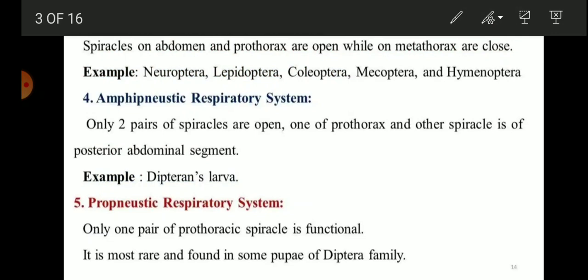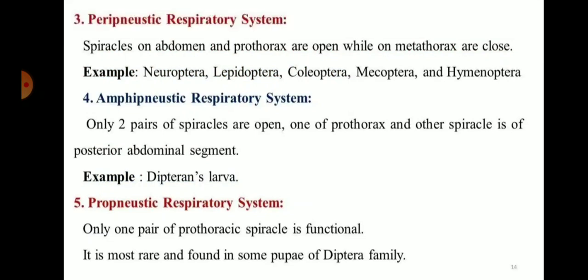Now the perinucleated tracheal system, in which 9 pairs of spiracles are functional, while only a single pair located on the metathorax is non-functional, as found in terrestrial larvae of Neuroptera, Mecoptera, Lepidoptera, Symphyta, etc.